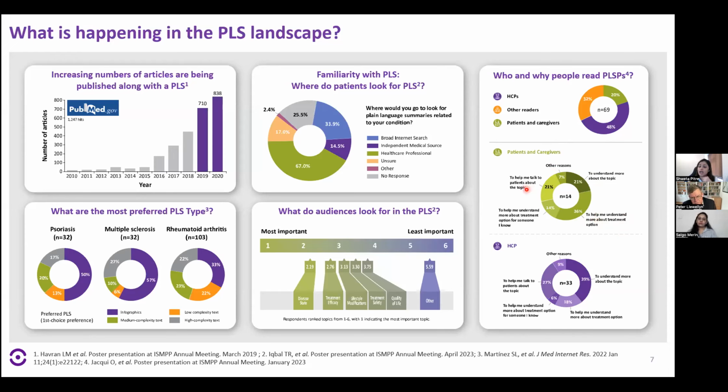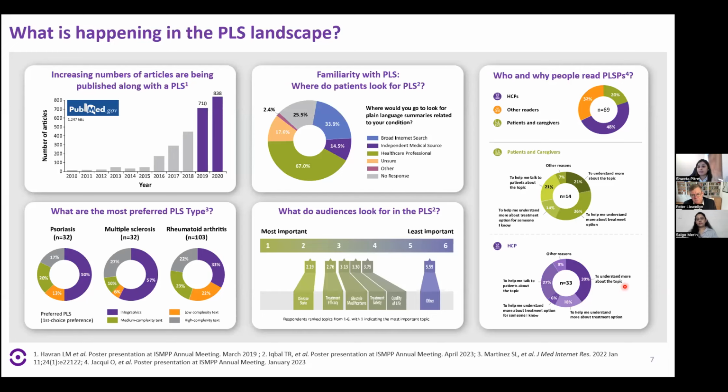They also want to talk to other patients about their issues, and that is why they also look at plain language summaries. Why do healthcare professionals look at plain language summaries? Simple, to understand more about the topic. The more simply they understand, the more simply they can communicate. A lot of industry sponsors and industry experts now tell us that if a study is easy to read and easy to understand, even for those with a scientific background, then downloads and access to articles also increase.